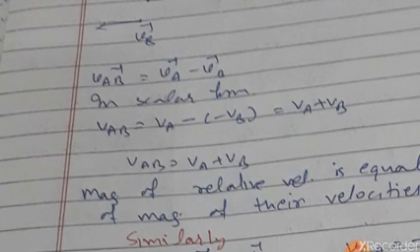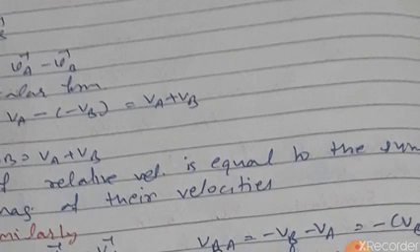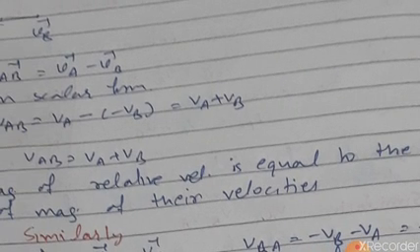It means we can say that the magnitude of relative velocity is equal to the sum of the magnitudes of the individual velocities. For example, suppose again we are talking about two trains, one moving with a velocity of 100 km per hour, the other with 80 km per hour.